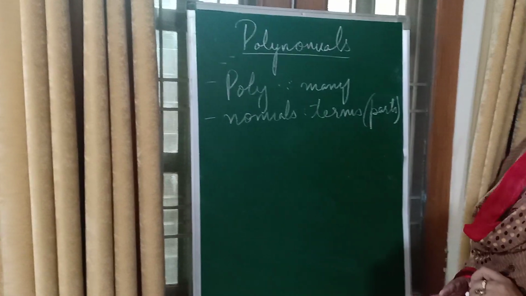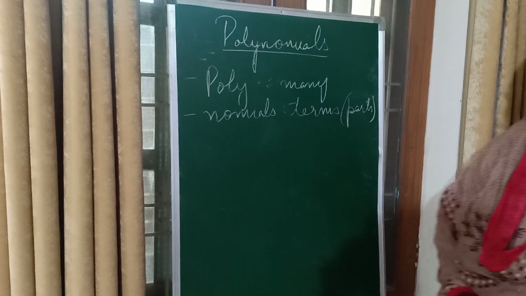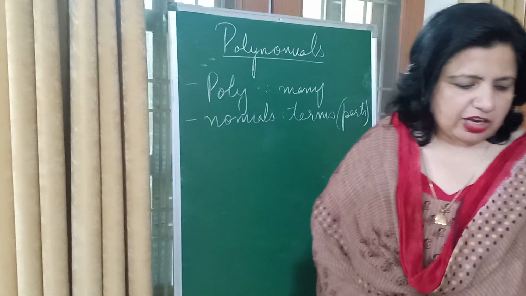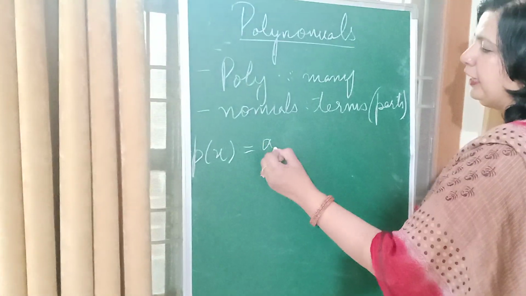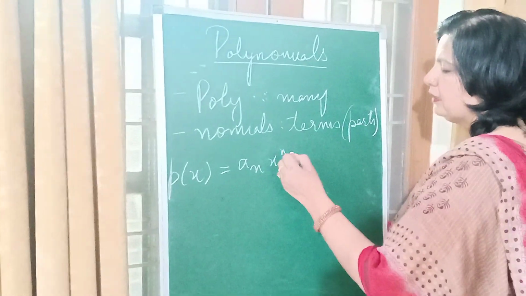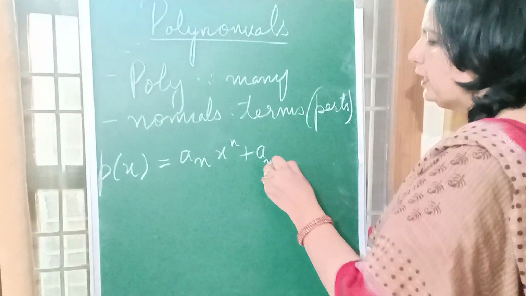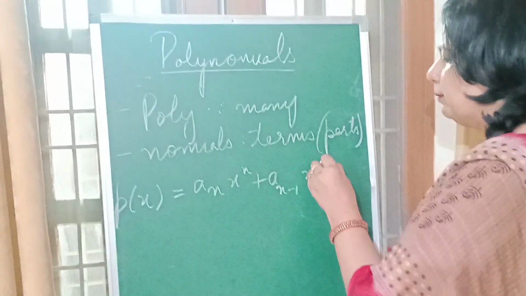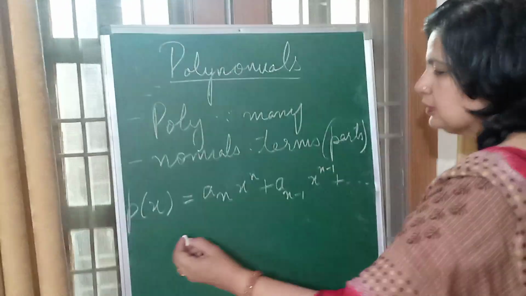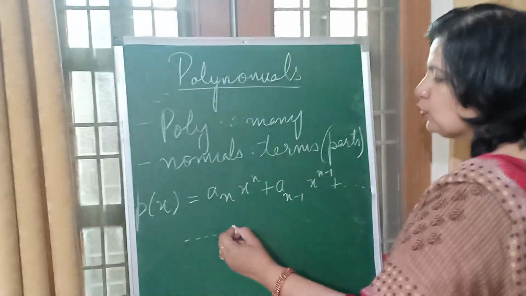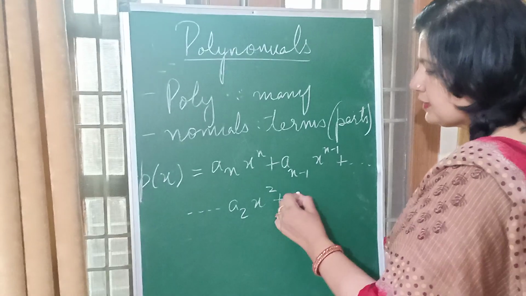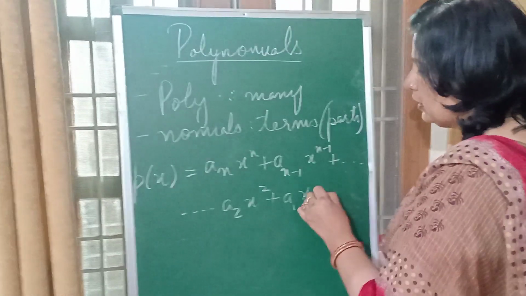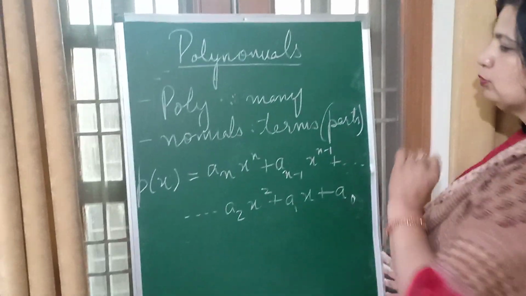Now let me define what is a polynomial. A polynomial p(x) in one variable x is an expression of the form a_n x^n plus a_(n-1) x^(n-1) plus so on, a_2 x^2 plus a_1 x plus a_0.